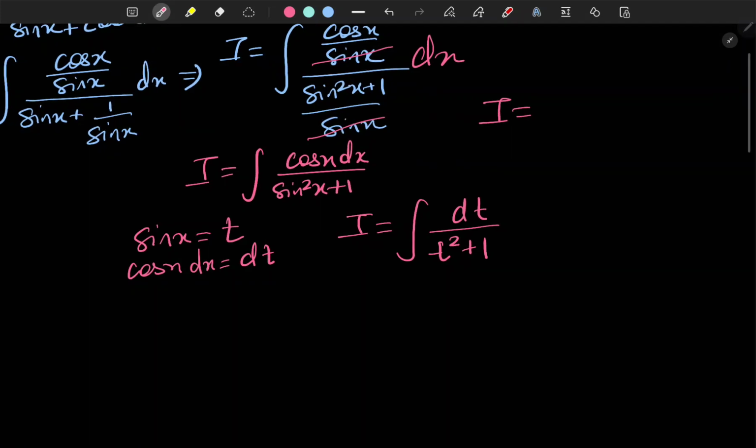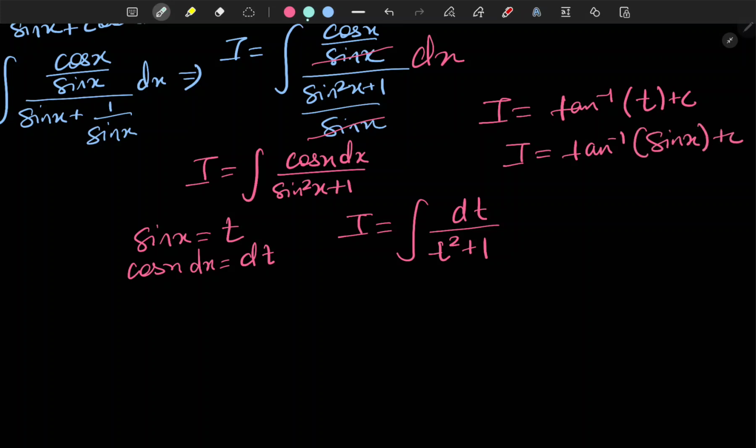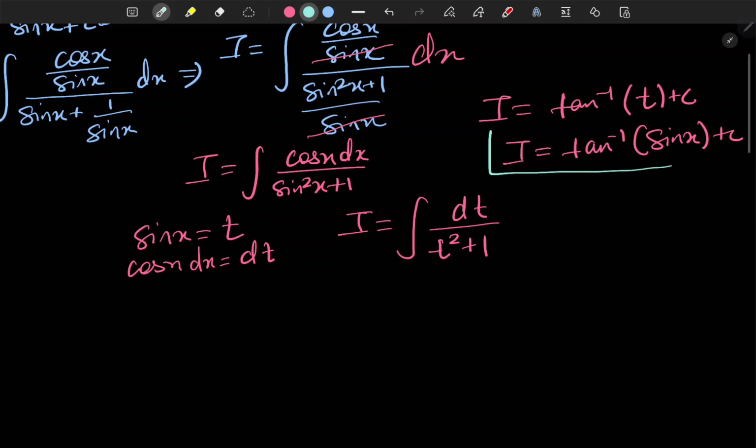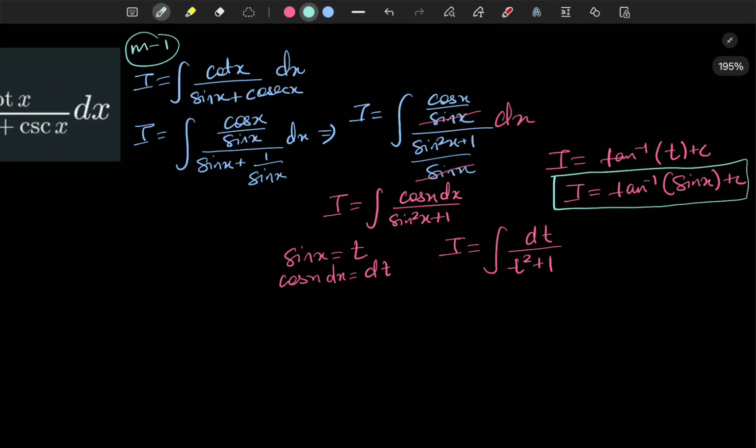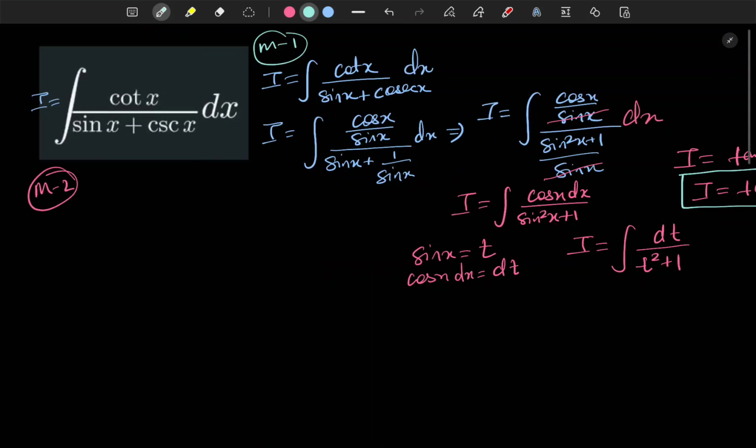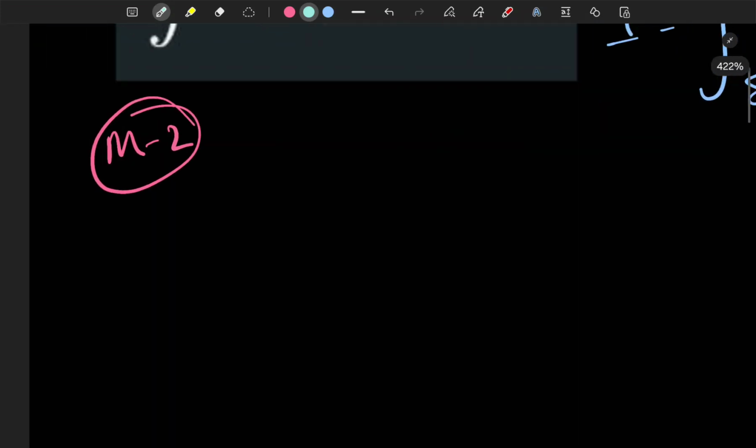It's a standard integral, and this equals tangent inverse of t plus c. So I, putting in the value of t, is tan inverse of sine of x plus c. Very easy problem, I can say after looking at this. So this was method 1, and now let's begin method 2.